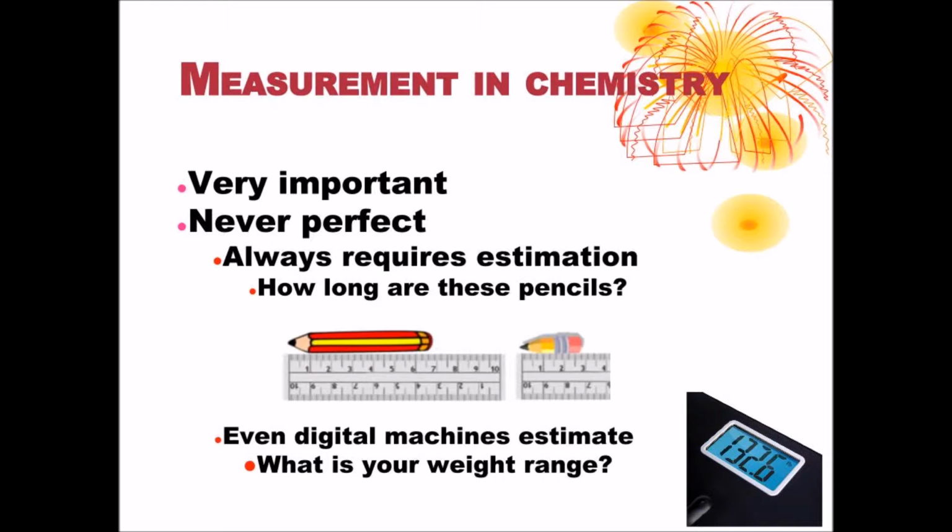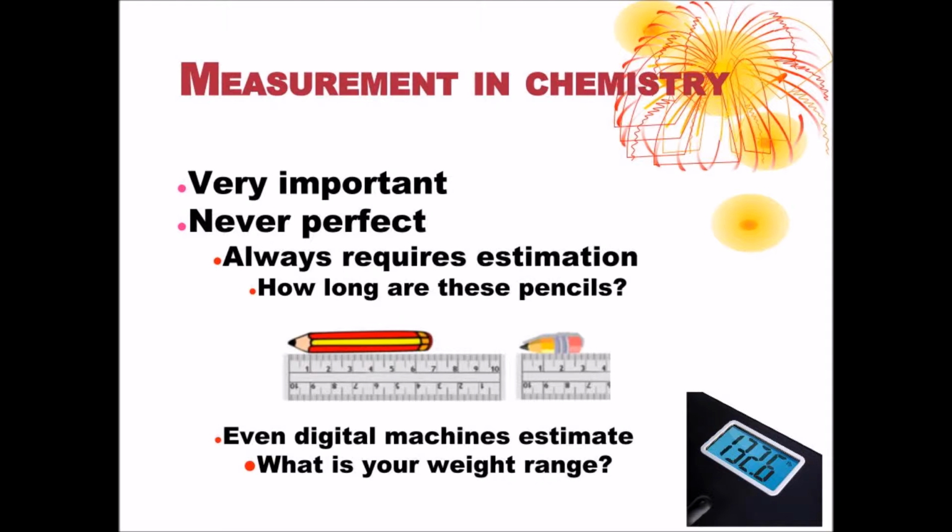Even digital machines estimate. For instance, if you got on the scale this morning and you weighed 132.6 pounds, that 0.6 is estimated.